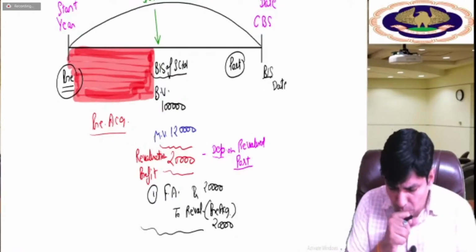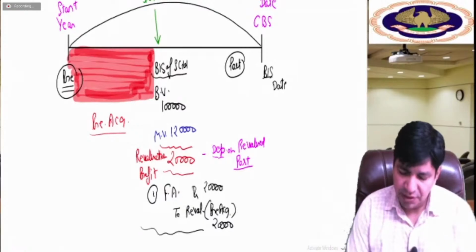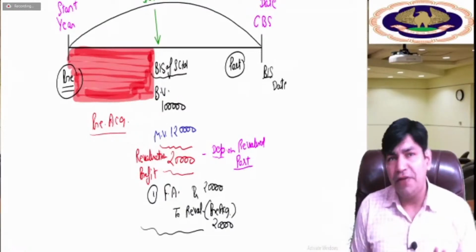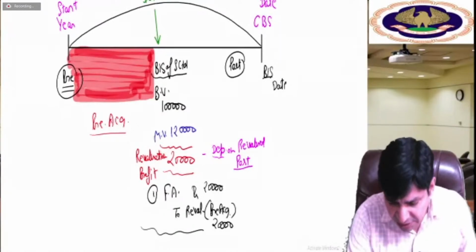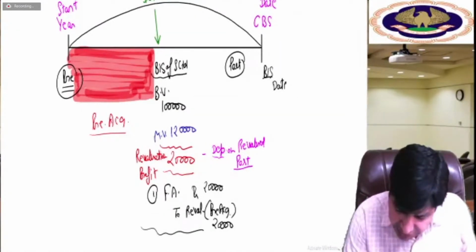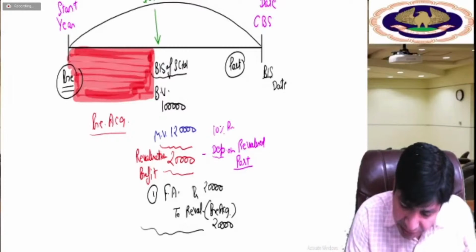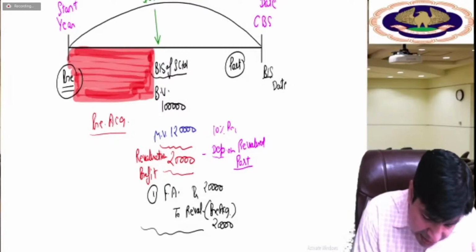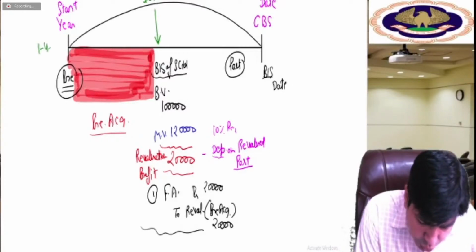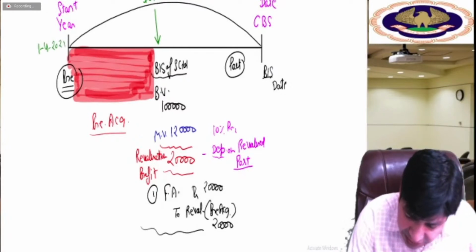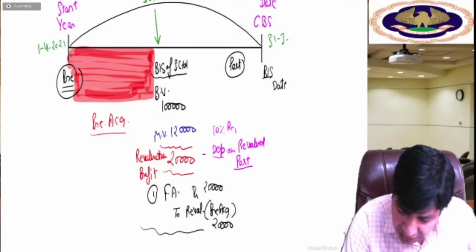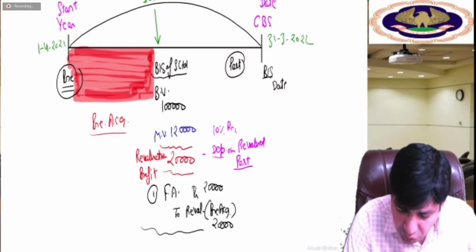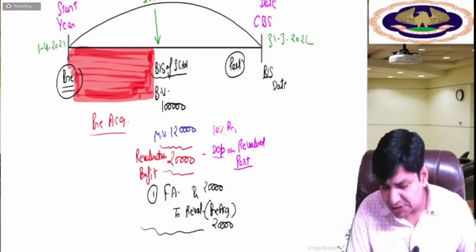Let me know first: are you clear with this adjustment? Suppose there is a depreciation rate of 10% per annum, and this is the date 1/4/2021, and this is the date 31st March 2022. How much depreciation is there?